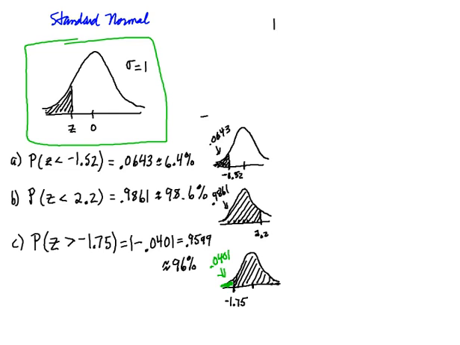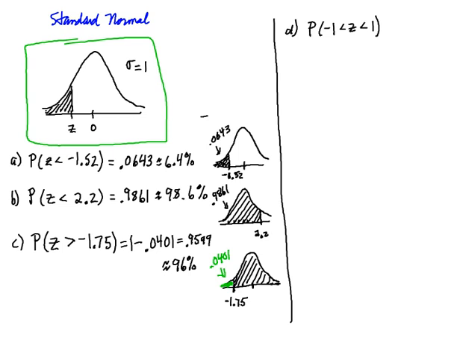Now, just to make another connection here, let's try another problem. What's the probability that the random variable will be between negative 1 and 1? In other words, if I go into a normally distributed data set and reach in and pull out a value, what's the probability that the z-score of that value will be somewhere between negative 1 and 1?